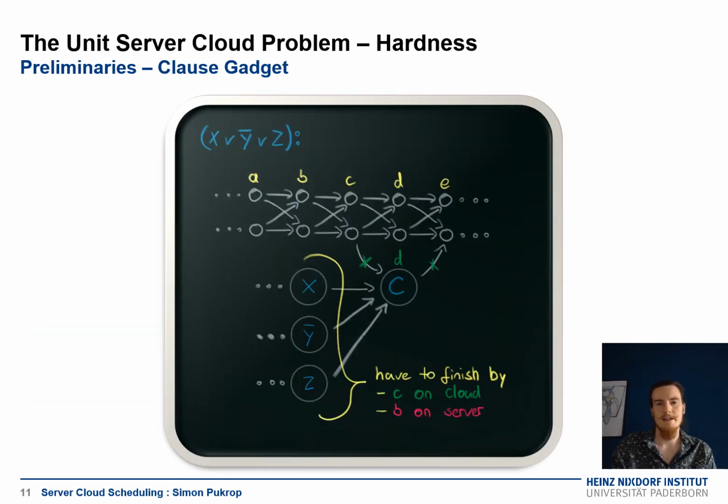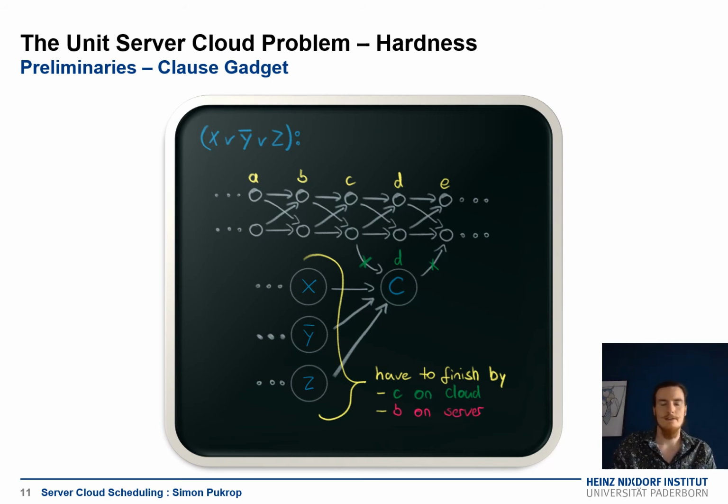Okay, and then we have the clause gadgets, and here again we have one clause job, this C, and for every literal in the clause we also have a job that is connected to the clause job. So here in this case we have x, not y, and z.